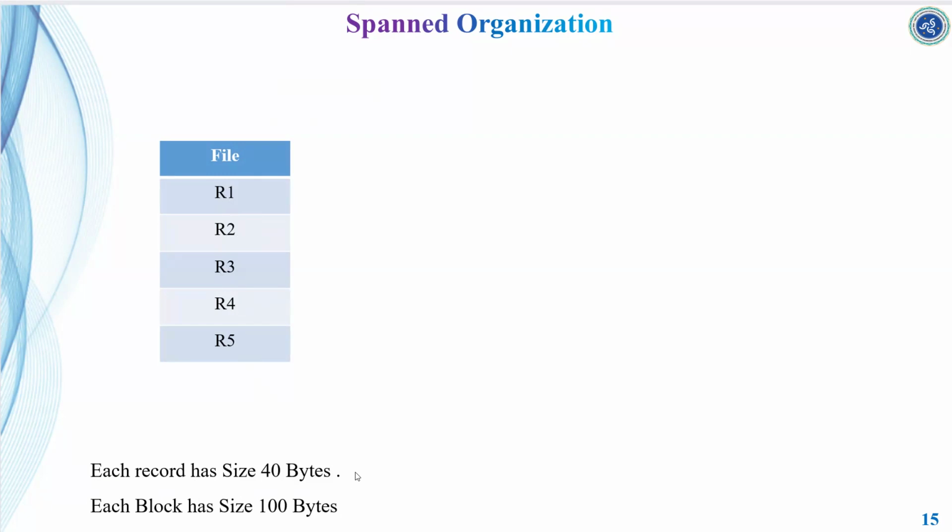So how can we fill these blocks with the records? Here we have two blocks in spanned organization. We take the first record, which is 40 bytes. It will be allocated in block 1, R2 also in block 1, and it will occupy 80 bytes of this block 1, right?